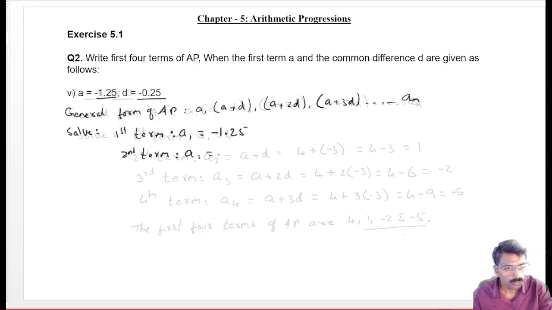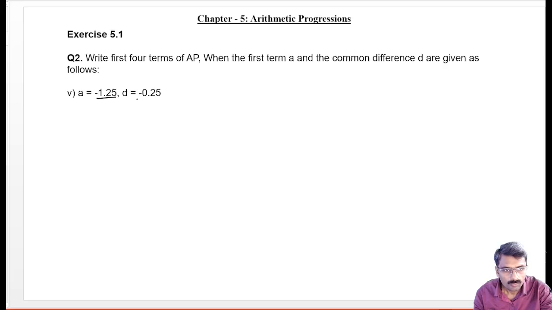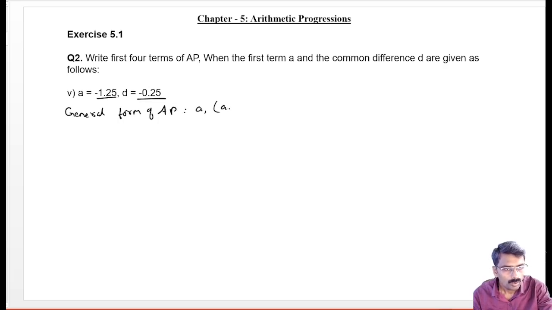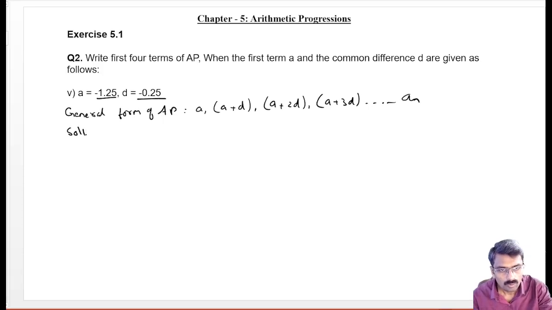This is our answer. We would solve the fifth sub question where a is -1.25 and d is -0.25. We would write the general form of AP. a, a plus d, a plus 2d, a plus 3d and so on until nth term. We would solve now first term.